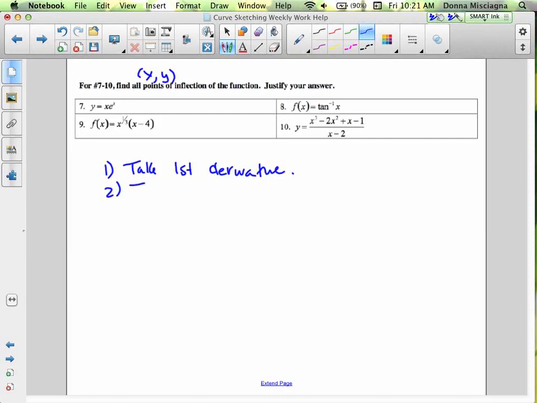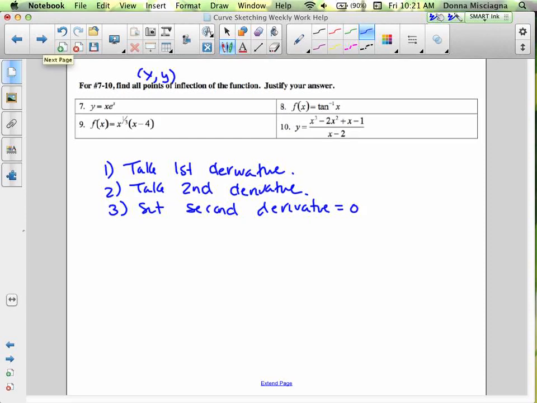Take second derivative. Set second derivative equal to 0.